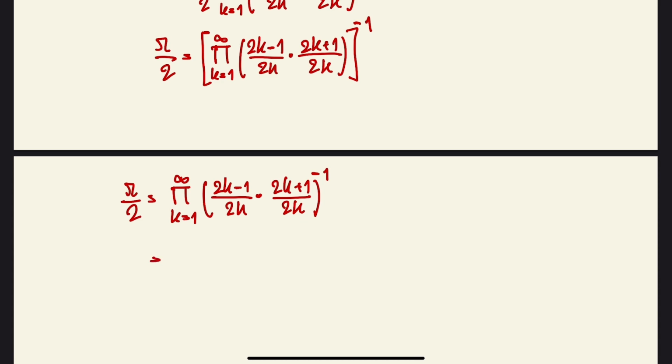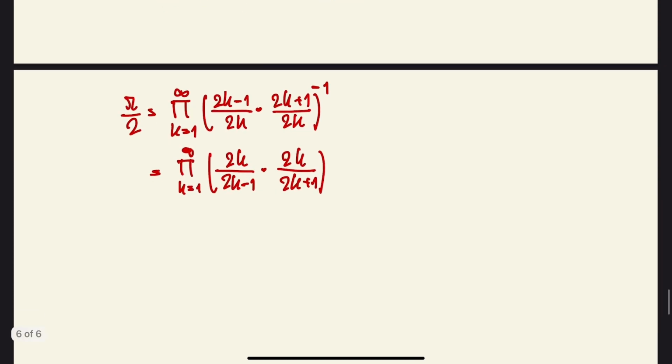So it turns out to be 2k over 2k minus 1 times 2k over 2k plus 1. So we're going to have the product for pi.